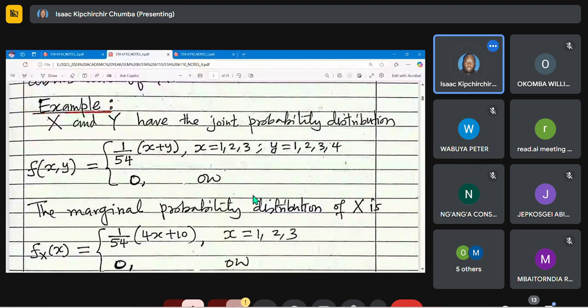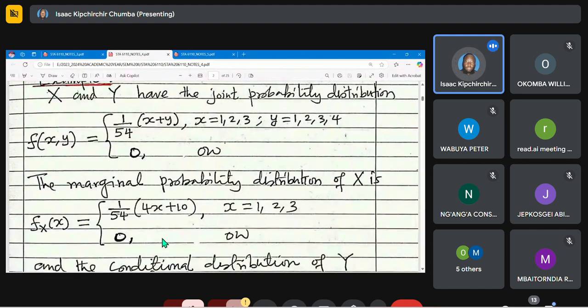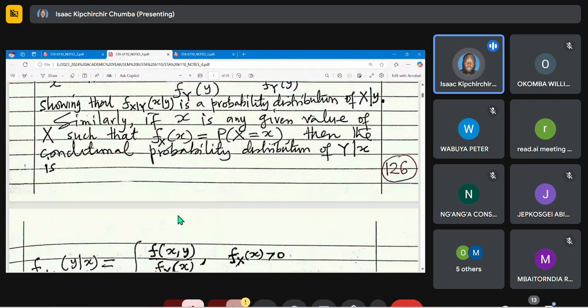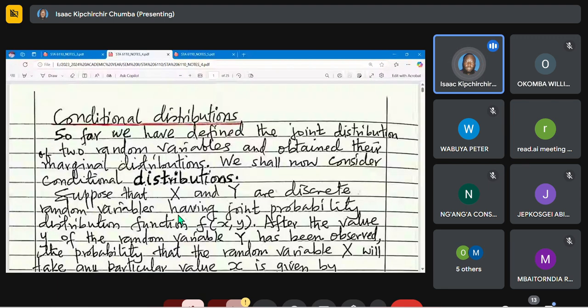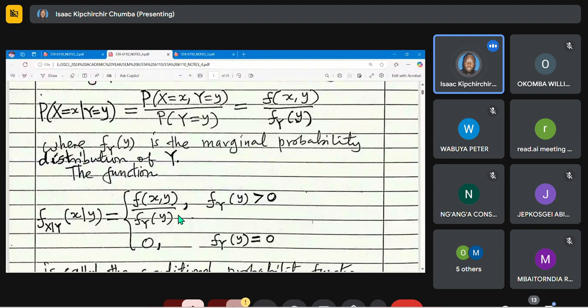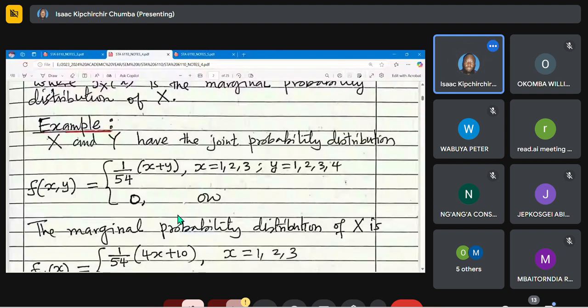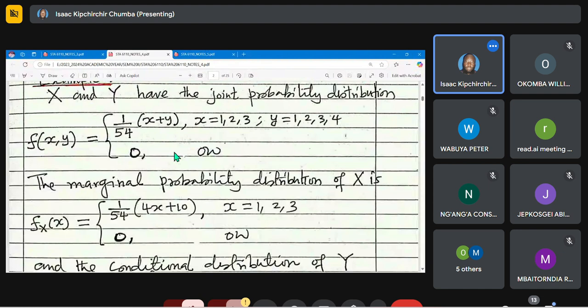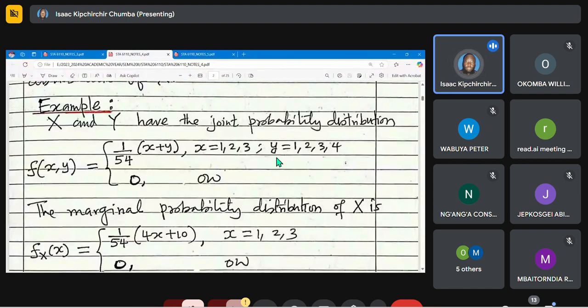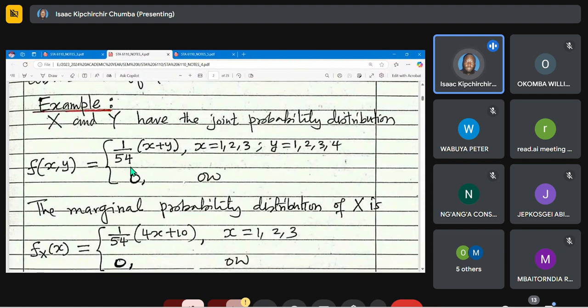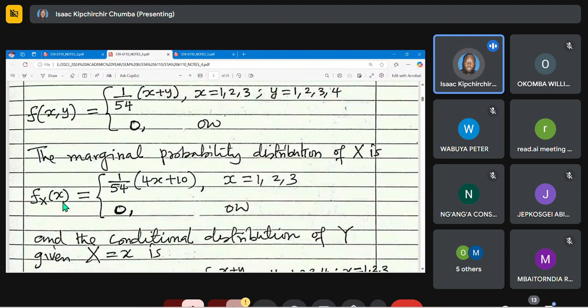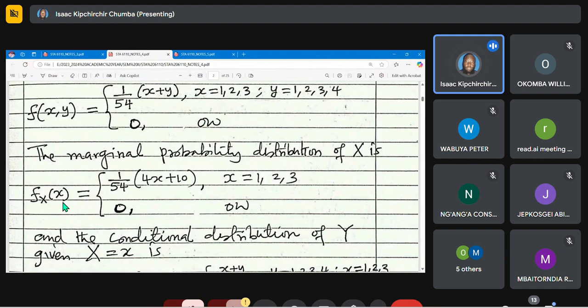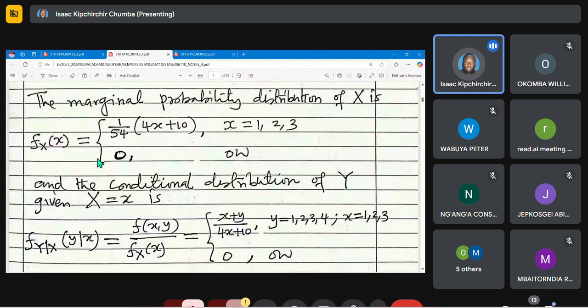We are going to use the same example which we used a few minutes ago, remember in notes 3, when we determined the marginals. So x and y have the joint probability distribution, and we found the marginal of y and also the marginal of x.